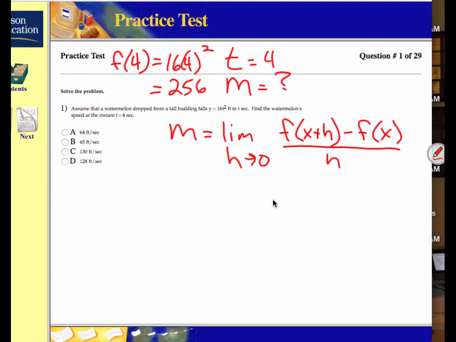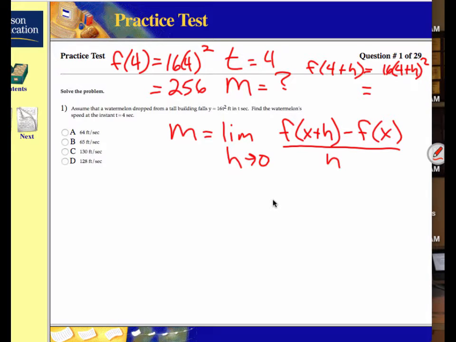Now the only other issue that we have is, what is f of 4 plus h? Now here's the trick. I've got to plug this in, and I get 16 times 4 plus h squared. You guys following what I'm doing?